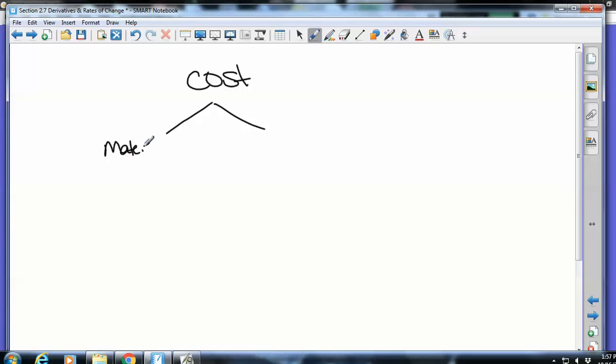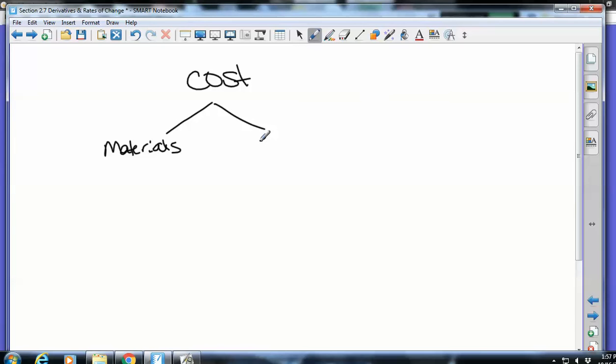I'm going to have my materials cost: how much money does it cost me for the ingredients for every single cinnamon roll? And then I'm going to have my fixed costs, like my oven, my mixer, all the equipment that I need to make it. Now, do I have to buy a new oven for every cinnamon roll I make? No, that's a one-time cost.